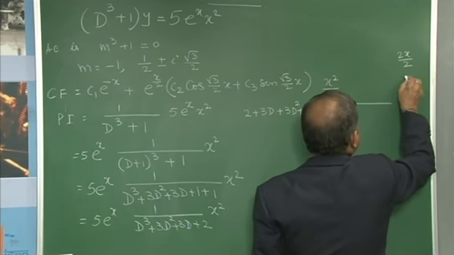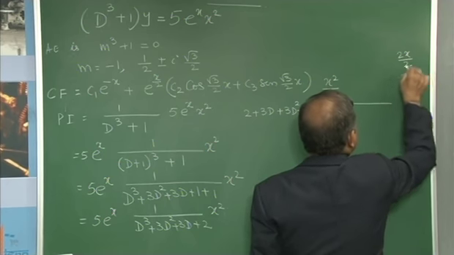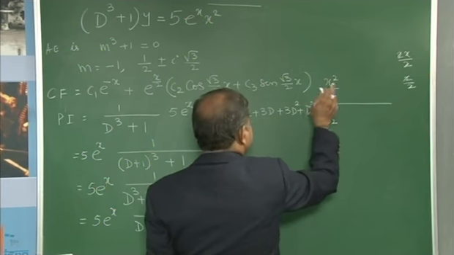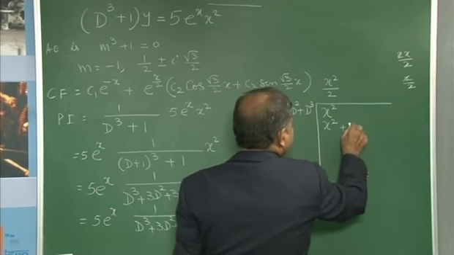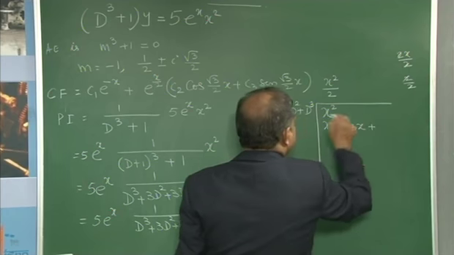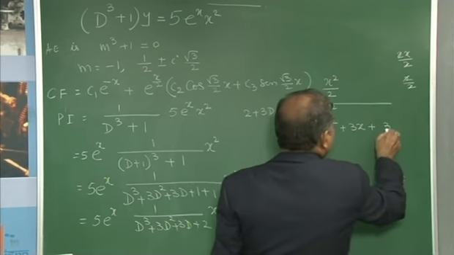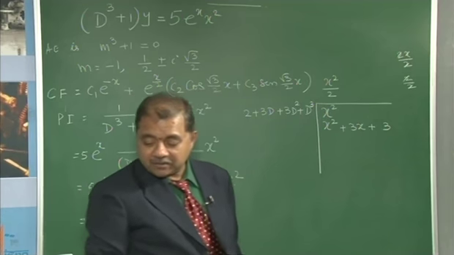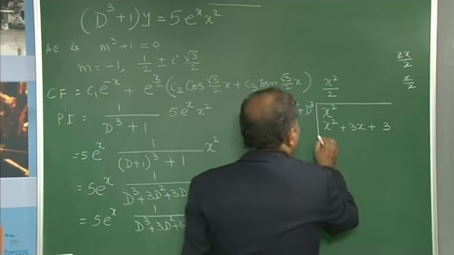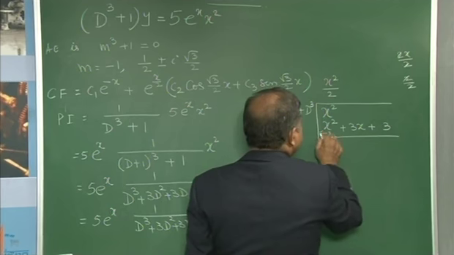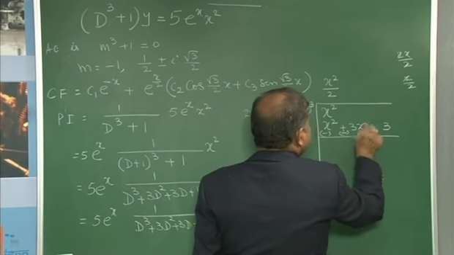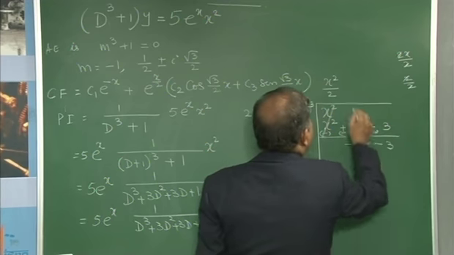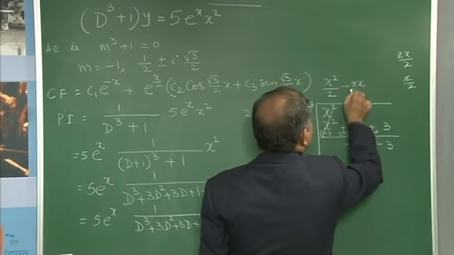Second time differentiation, 2 by 2 gets cancelled, it will become 1. So first time differentiation, it is x alone, so plus 3x. Second time differentiation is also 1, therefore it will become 3. Now apply minus, minus, minus, cancel this, minus 3x minus 3. So minus 3x by 2.